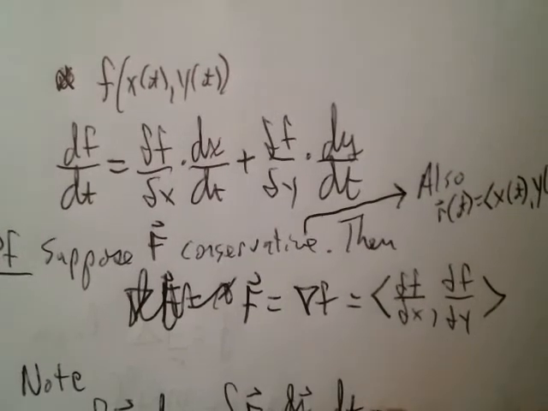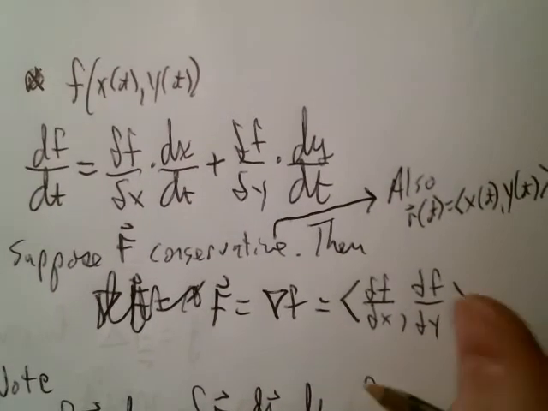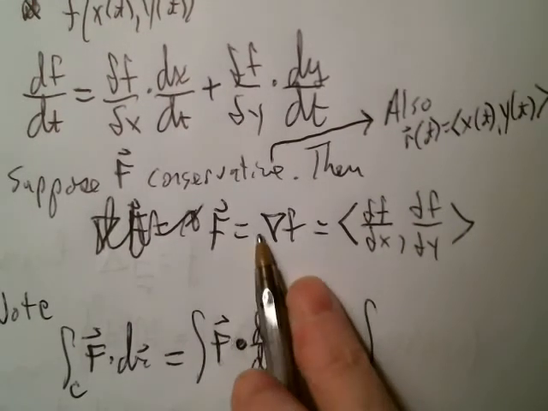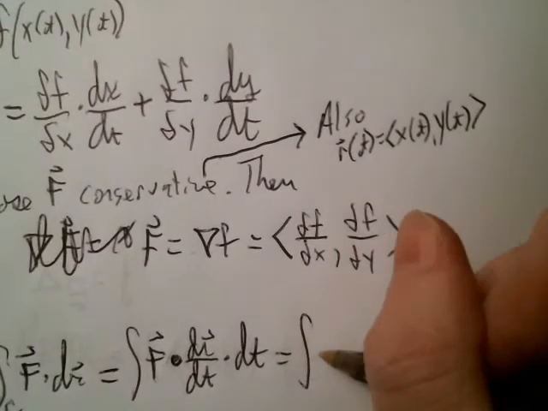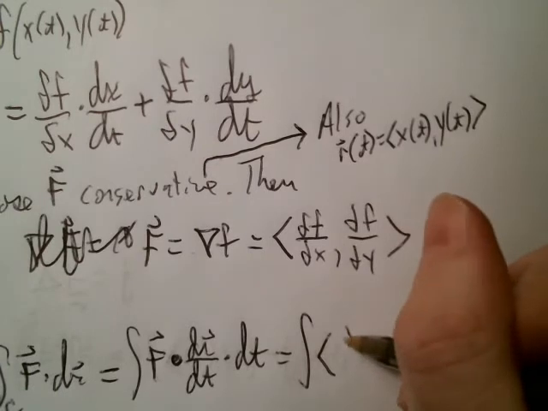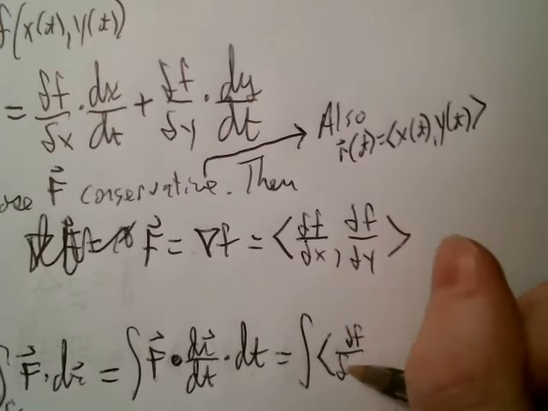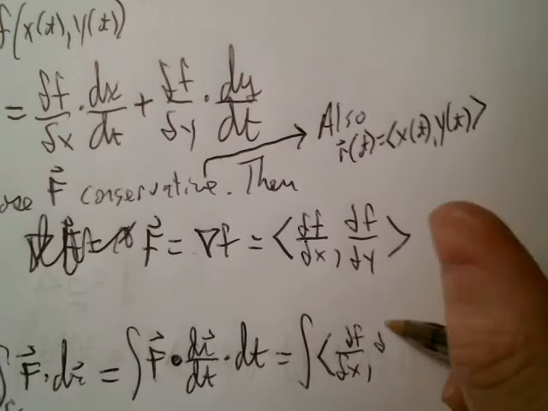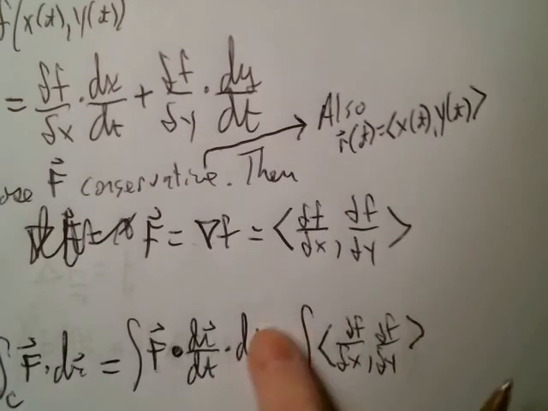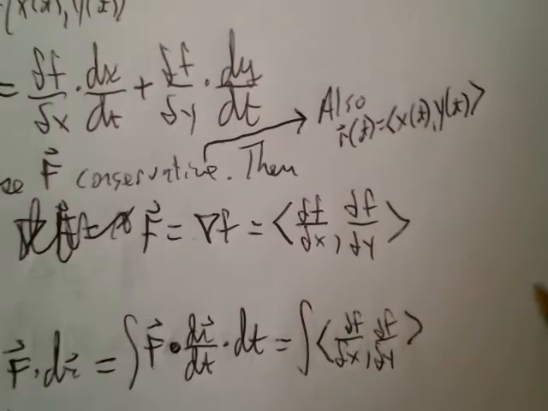So this part and this part you can rewrite. You can rewrite the vector field with the gradient of the potential function, which is the partial of f with respect to x, comma, partial of f with respect to y. And then you could rewrite this part by just taking the derivative of the components of that thing.